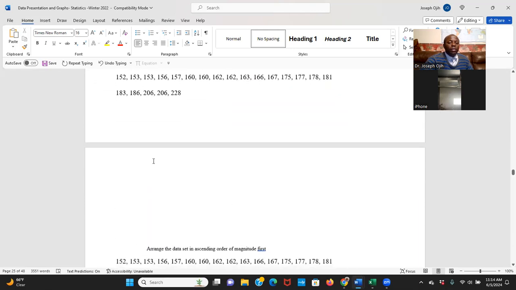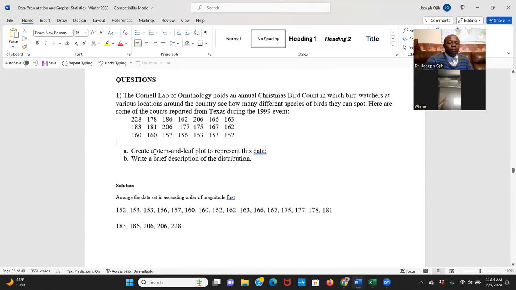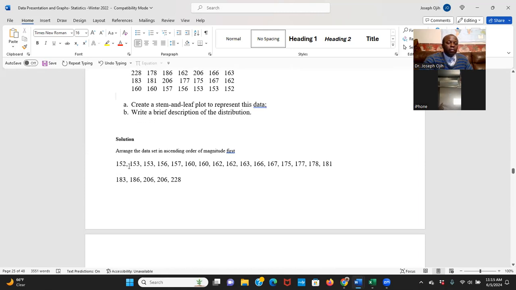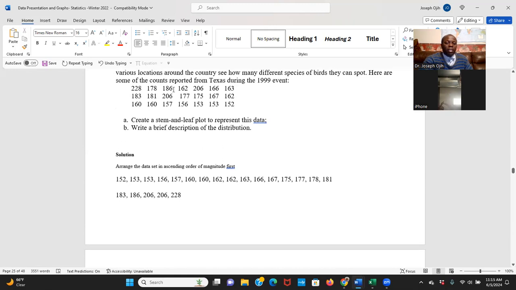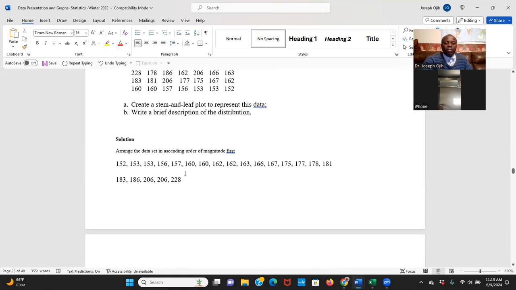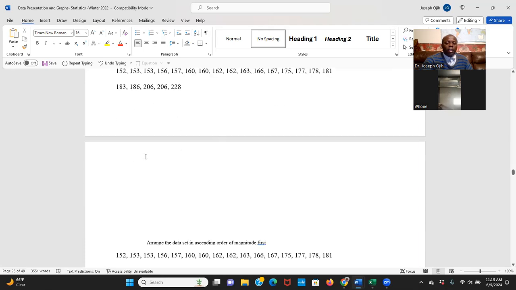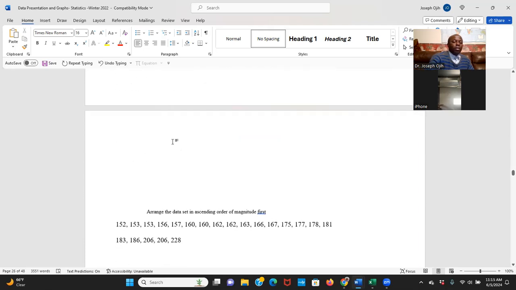So the first thing to do is put the data set in order from the smallest to largest. I did that here. See, here it is not ordered, but here it is. This is the smallest, so order it from smallest to largest. Then you can make a stem and leaf plot, with the stem and the leaf.